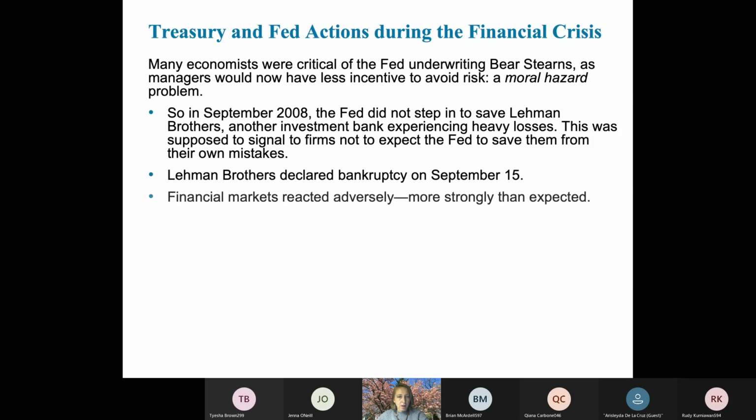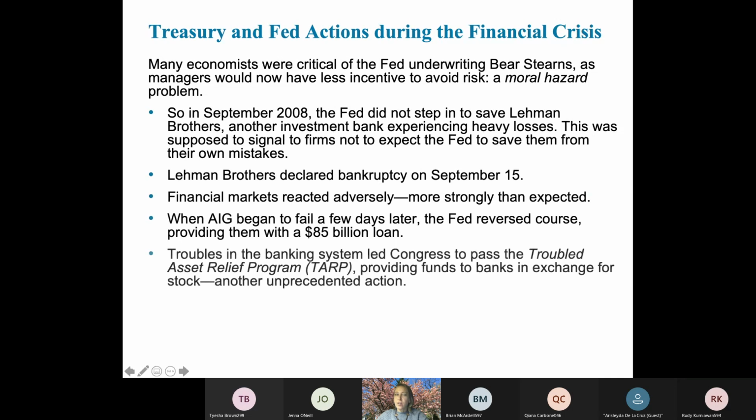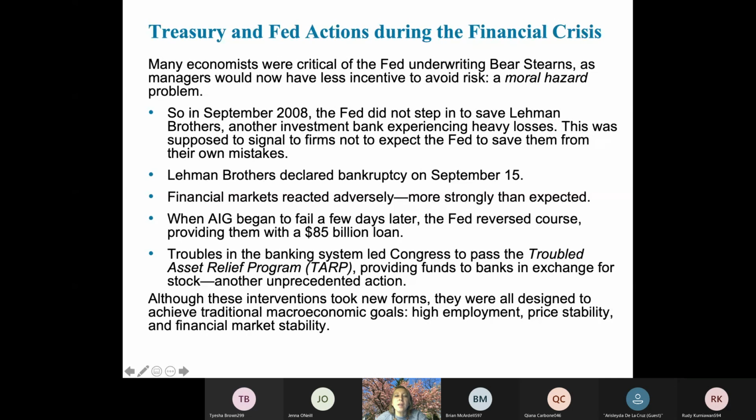Then there were other actions that the Fed took. And the interesting part of all this is that it is not always clear, at least not clear to me, whether what's going on is monetary policy or fiscal policy, because some of it involved Congress, right? Congress does fiscal policy, whereas the Fed, our central bank, is independent of the government, sort of a branch of the government, but also not a branch of the government.